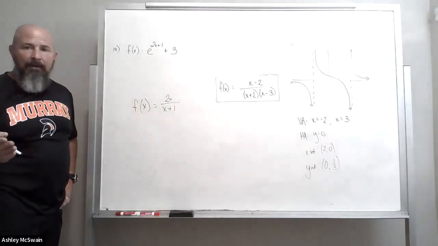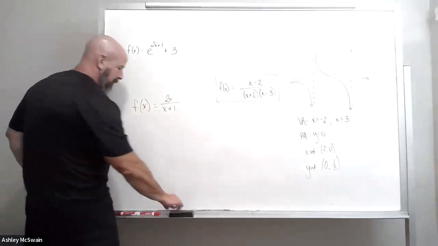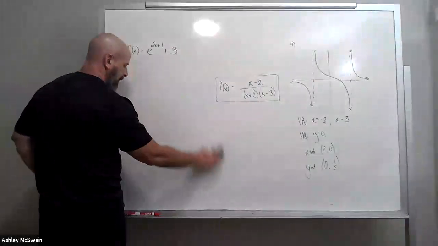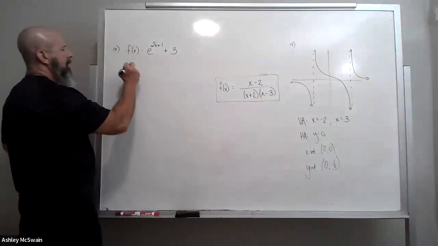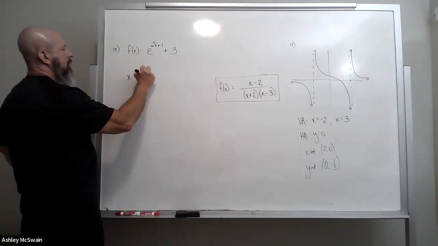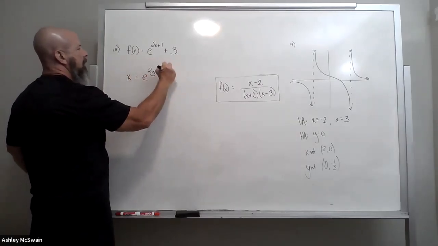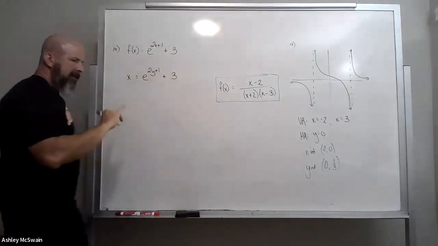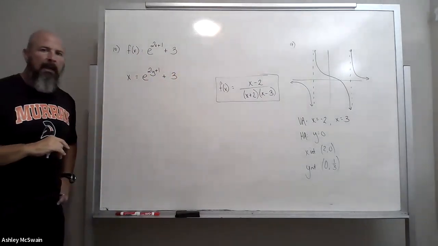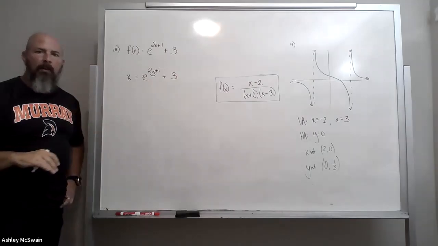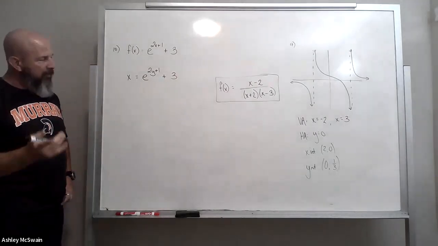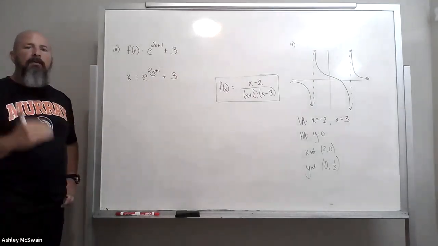To find an inverse, I switch x and y. So x equals e to the 2y plus 1 plus 3. X and y are switched. And then I solve for y. So the quick, easy part, switch x and y. The work, solving for y.